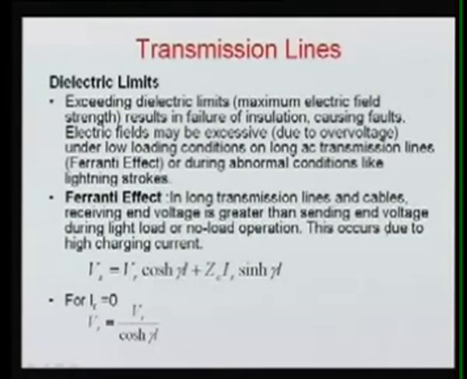As I discussed, the conductors in the transmission line are bare conductors and they are hung over the transmission towers, and they are isolated from the towers with the help of insulators. So these insulators must sustain the voltage, that is, your operating voltage will be withstood by the insulators.